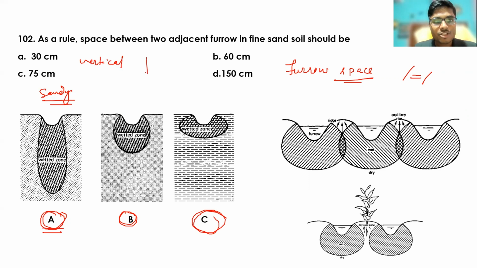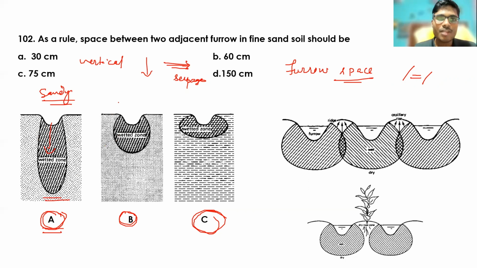Vertical infiltration means water enters vertically, and horizontal infiltration is somewhat similar to seepage, meaning lateral flow of water. In sandy soil, water mostly goes through vertical infiltration, and when the excess water goes through a limited area, it leads to percolation loss. That is the reason why sandy soil has higher percolation loss.